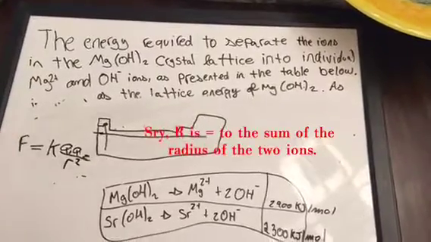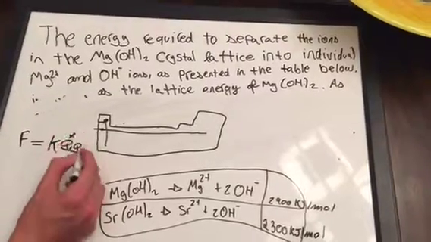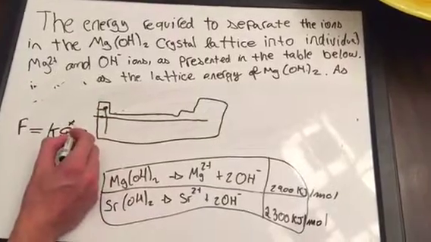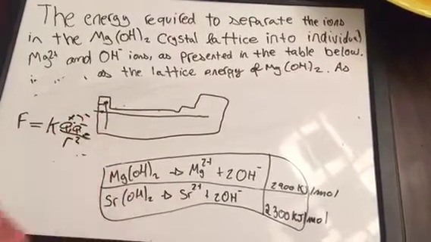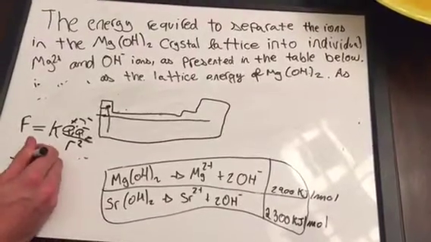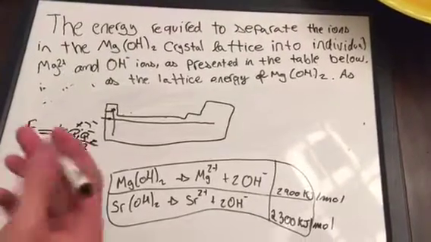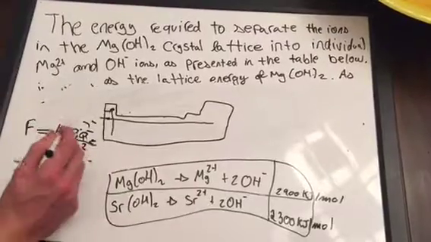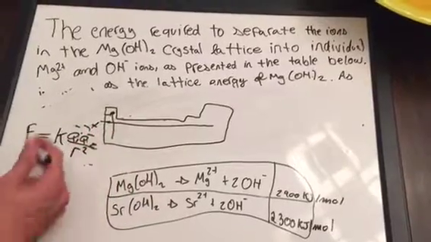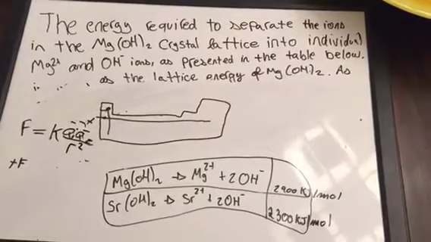So let's talk about the charges. Here we have a positive charge from magnesium and a negative charge from hydroxide. We multiply them and we get negative, because positive times negative is negative. That gives us a negative force, which means they are attracting each other. If we had a negative charge here instead of a positive one, negative times negative is positive, making the force positive, so they would be repelling each other.